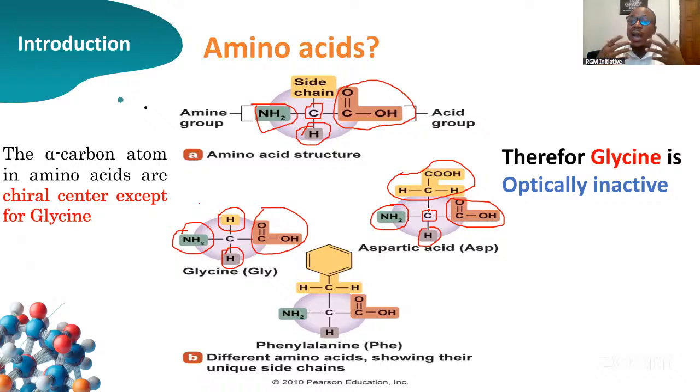Sometimes you'll be asked which of these amino acids is optically inactive. If you see glycine there, glycine is definitely the answer. Glycine doesn't have a chiral center. That is why it is optically inactive.